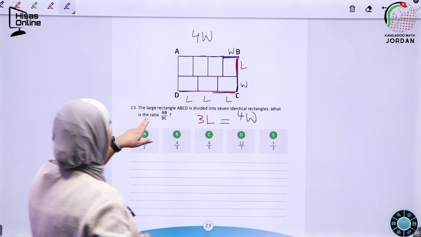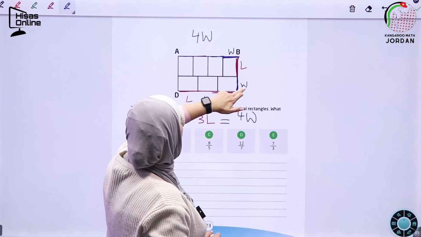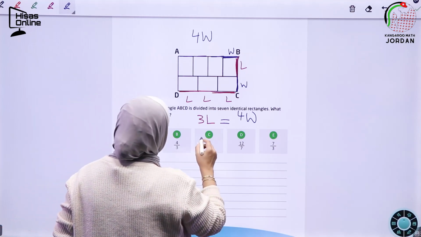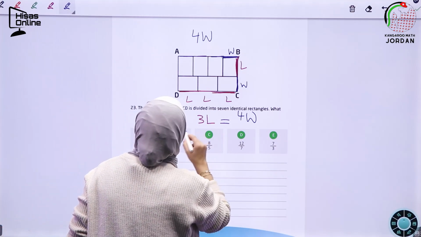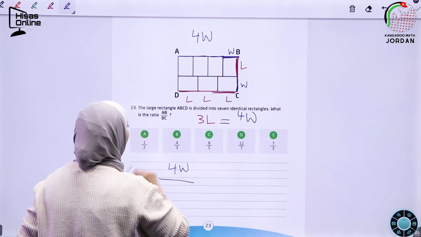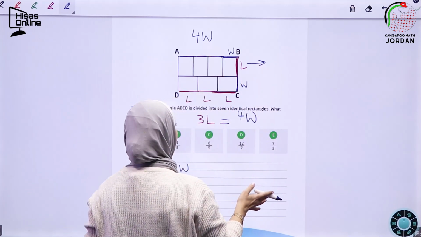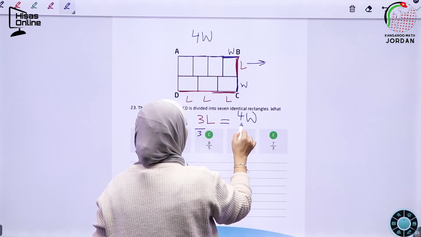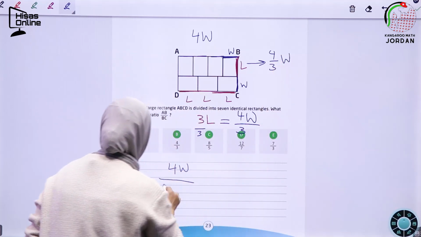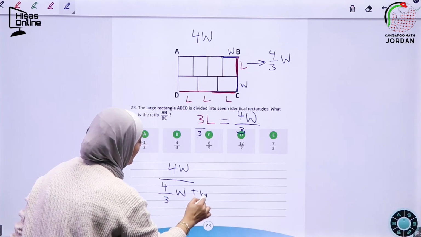Now they need me to find AB over BC. I need to find this one in terms of this and vice versa and make it a fraction. So AB is 4W over BC. In this case, I will write everything in terms of W. So L equals 4 thirds W. So 4 thirds W plus 1 W, right?